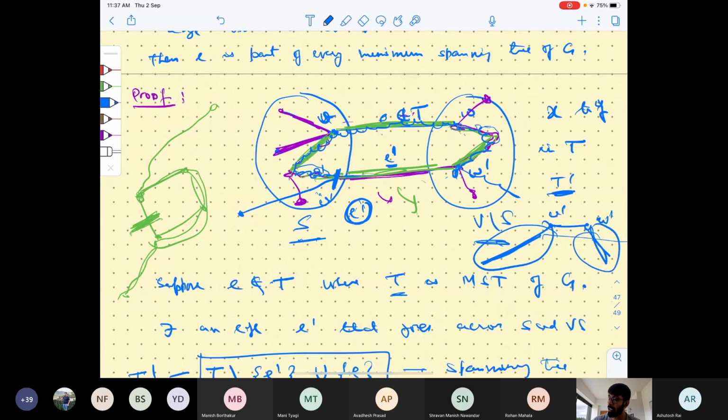The before and after parts are still there in T prime. It's only that this edge went missing and you replaced it by this long path. So the connectivity is preserved. I'm making it more formal so that you get used to formal arguments. Any questions about the proof?